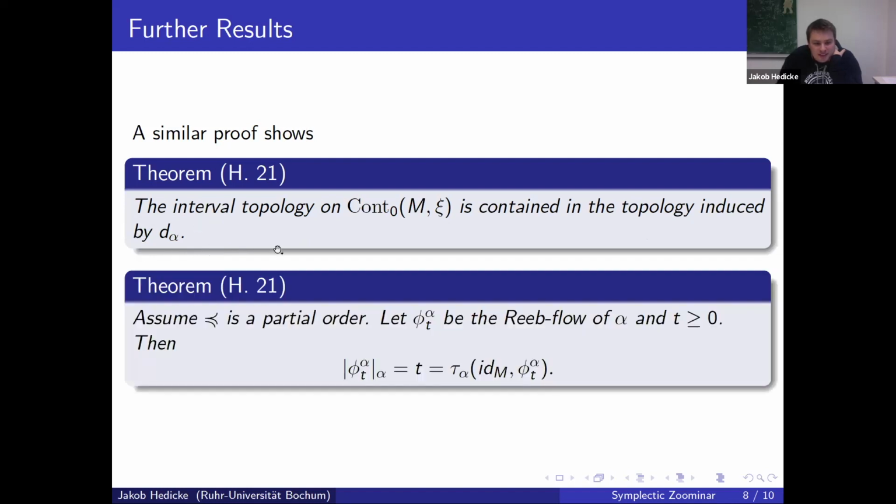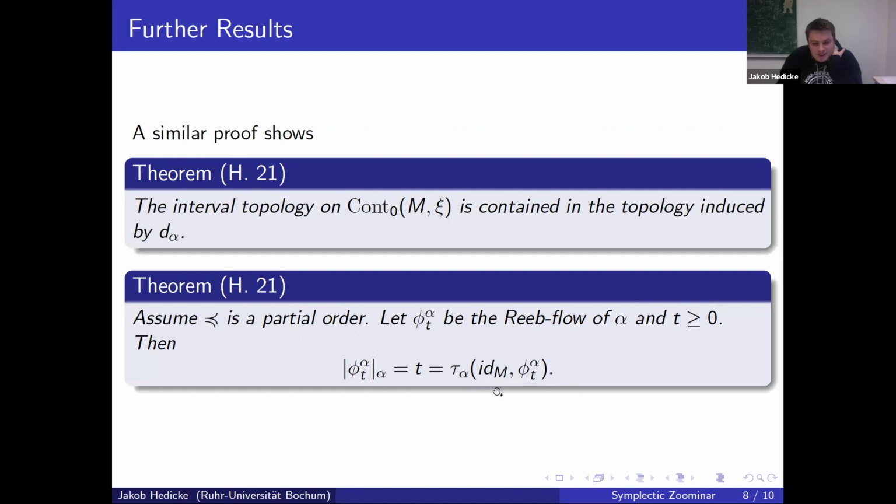Yeah, and the second result one can show is, again, if this is a partial order, so if there is no positive loop of contactomorphisms, and one considers the Reeb flow of the same contact form that defines the norm, and let's say positive t, then indeed the Hofer-Shelukhin norm of this Reeb flow at time t is precisely t, and coincides with the Lorentzian distance function.